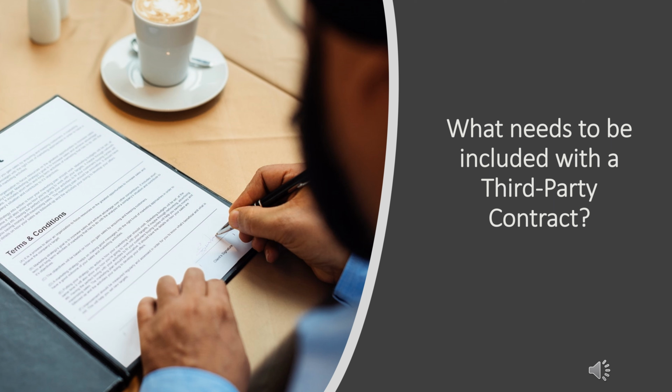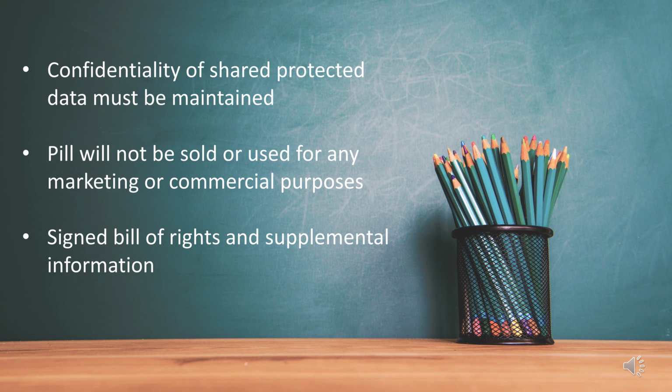What needs to be included with a third-party contract? Educational agencies must obtain a contract with a third-party contractor that will receive student data or teacher or principal data from an educational agency.